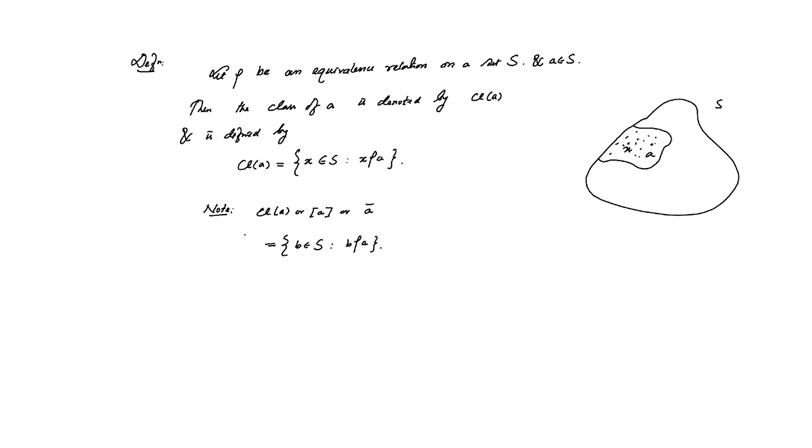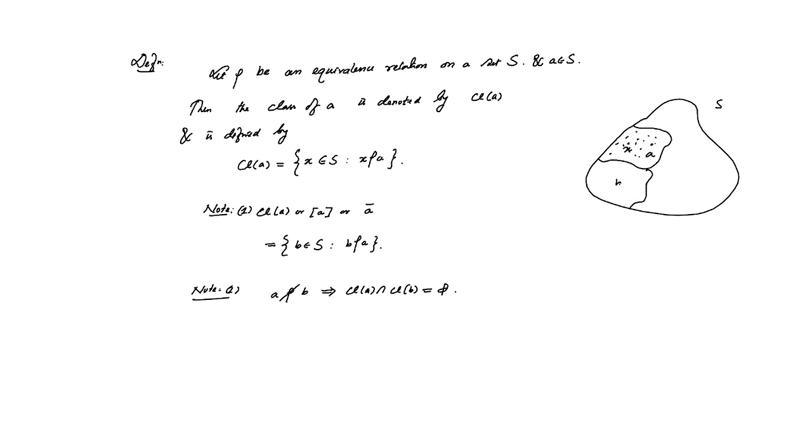There is another important note that you will observe. This is note 2. If A is not related to B, that implies class of A intersection class of B is phi. That means they are completely disjoint if A and B are not related.